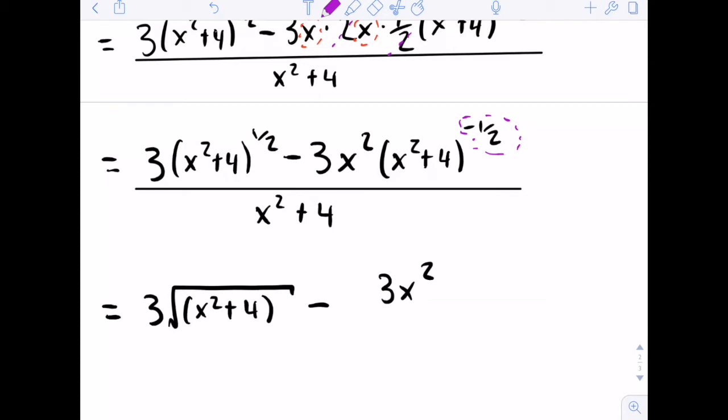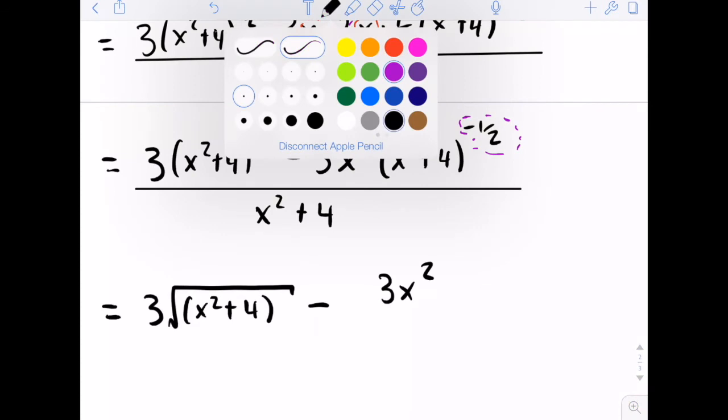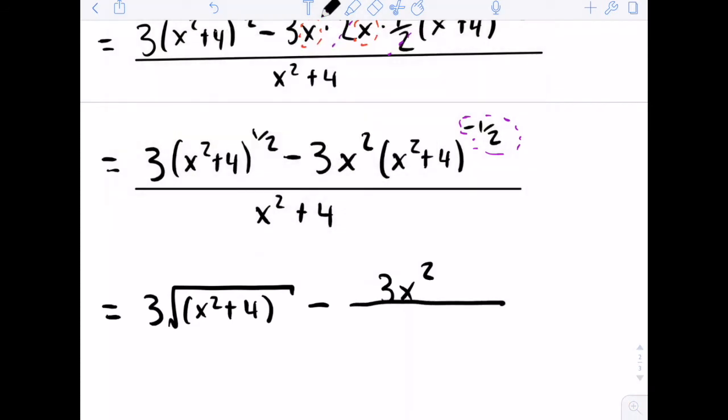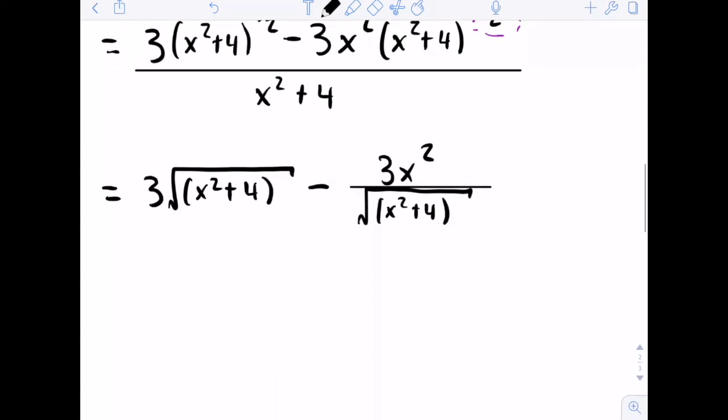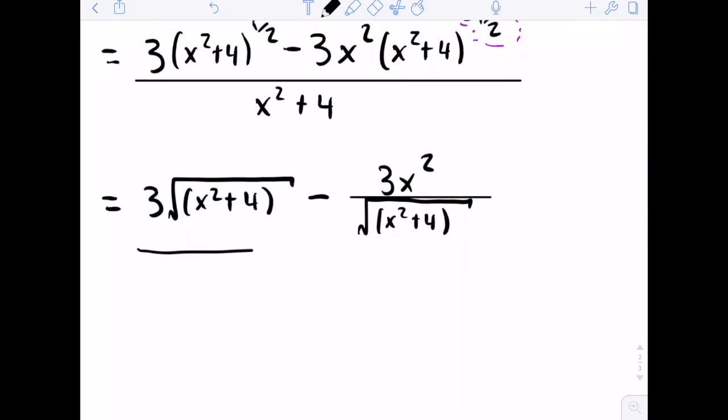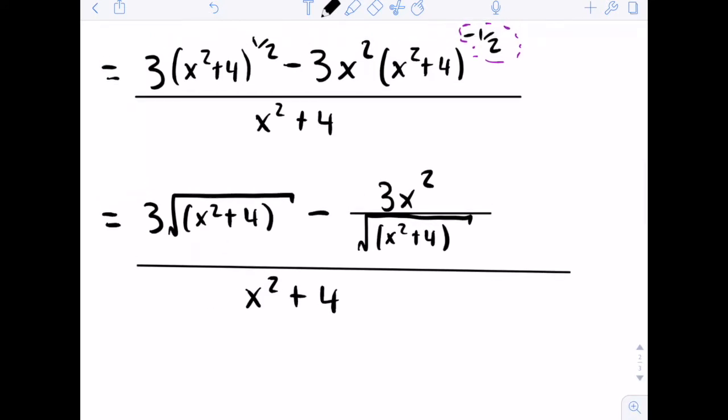Remember, the 1/2 power means that it's a square root, but the negative means it's in the denominator. So we can rewrite this as 3x divided by the square root of x squared plus 4, and then the bottom just stays the same. This is all over the denominator, x squared plus 4. And that's that. That's the derivative for that one.